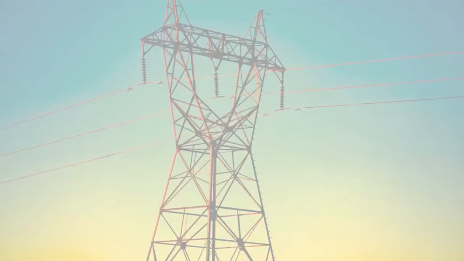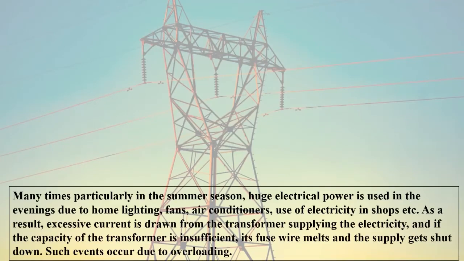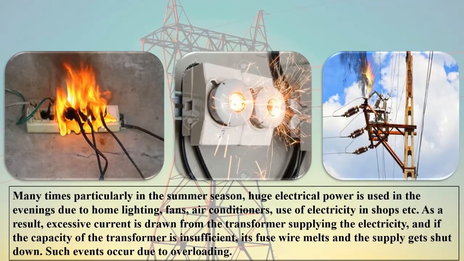So you must have also heard many times, particularly during summer season, huge electrical power is used because people feel hot during summers. We put on fans. Many times we make use of air conditioners also, and we use electricity a lot during that particular time. So at that time, excessive current is drawn from the transformers, and the amount of electricity which is actually required is much more.